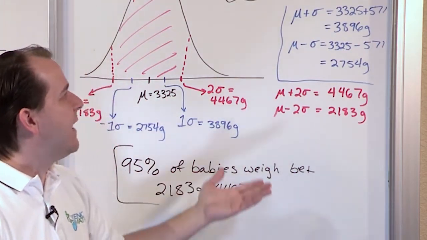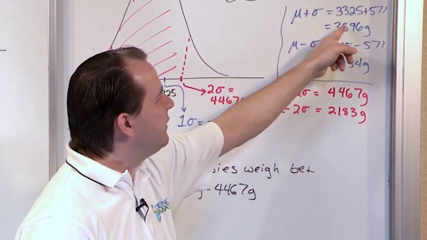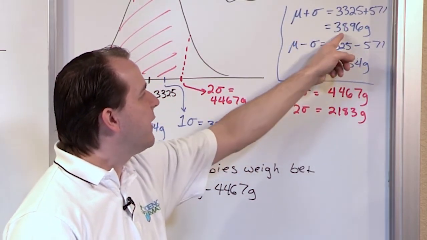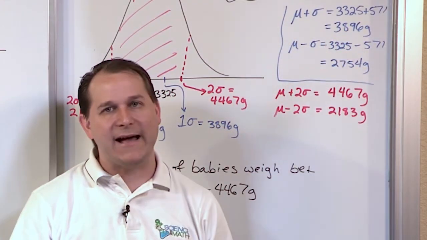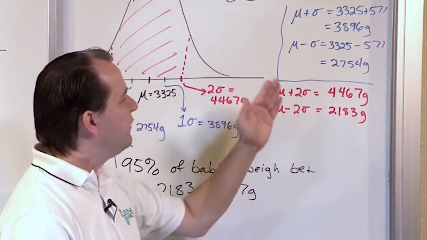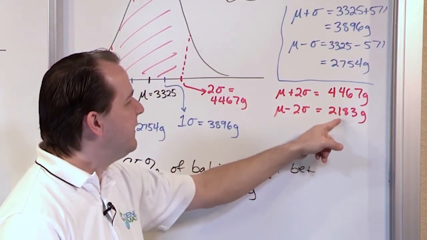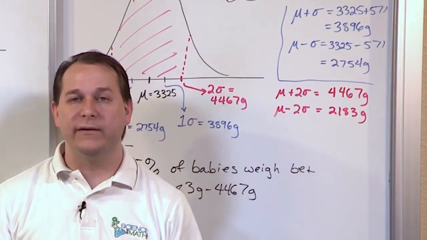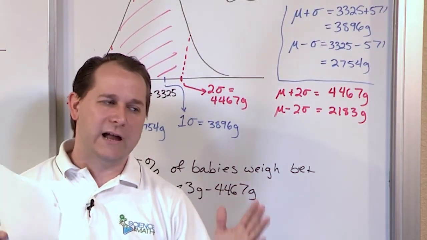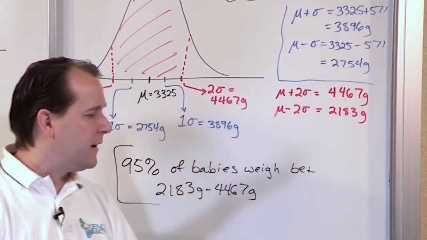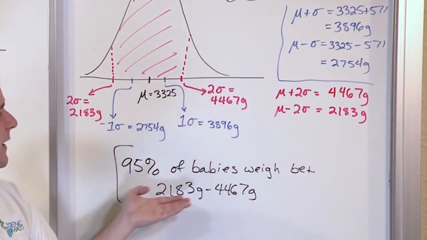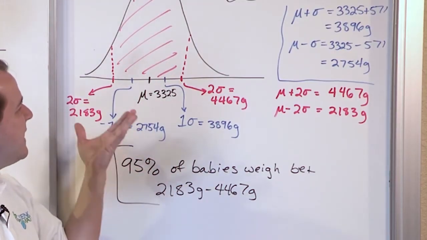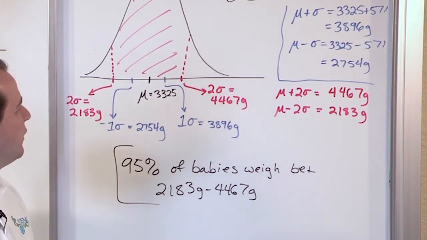The way you figure that out is you literally add 1 standard deviation and subtract 1, and you figure out that the endpoints here are not what we were asked to figure out in the problem. So then we do it again with 2 sigma, and we figure out that these endpoints actually are exactly the endpoints they're asking us. So because it all lines up, we're able to use our empirical rule, and we're able to figure out that 95% lie between these ranges if the mean and the standard deviation are given as shown.